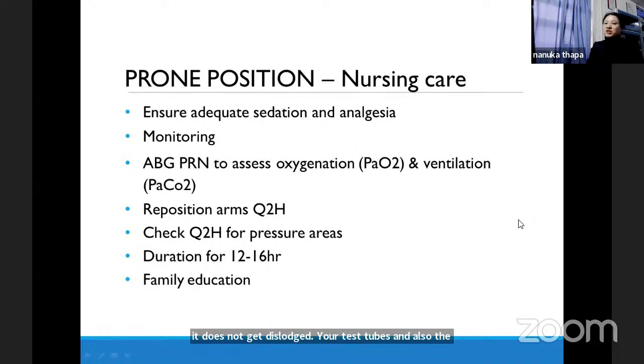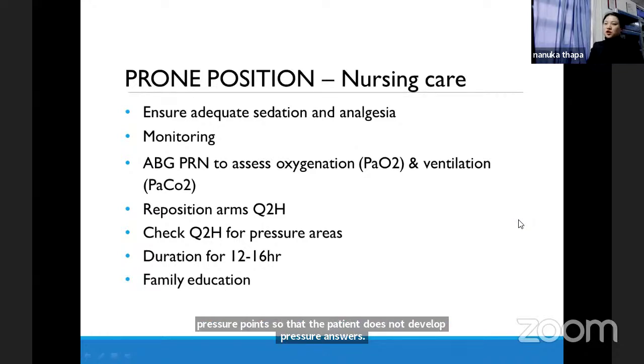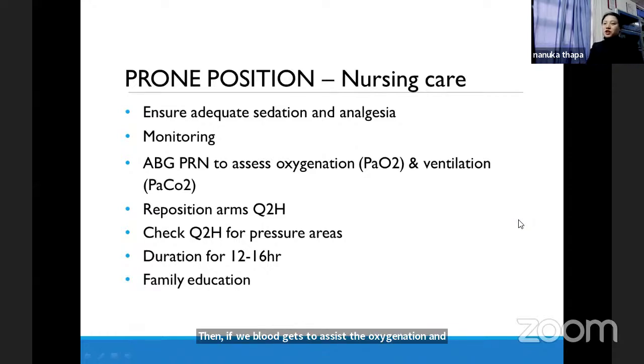Then blood gas to assess the oxygenation and ventilation. And repositioning of arms and the head every 2 hours, and check for the pressure areas every 2 hours. And this positioning can be applied for 12 to 16 hours.